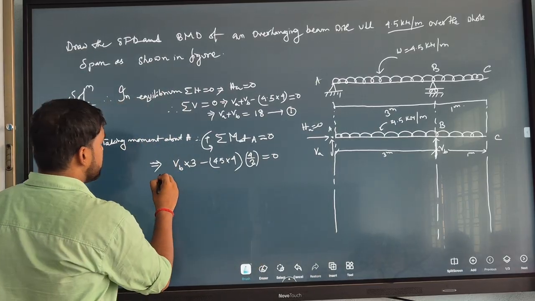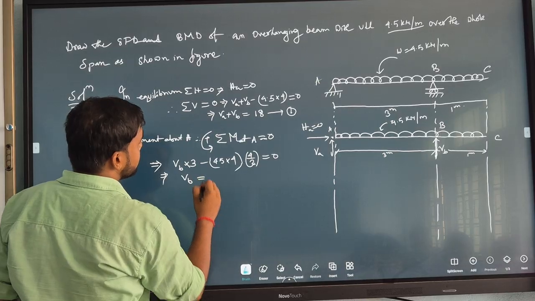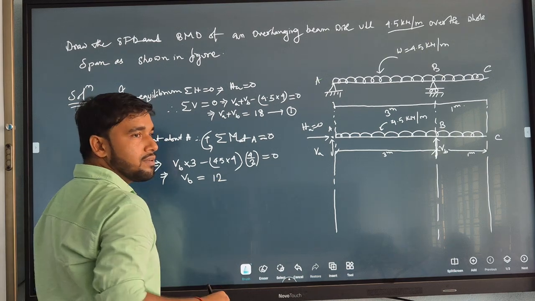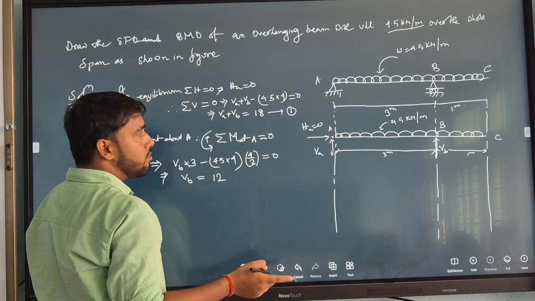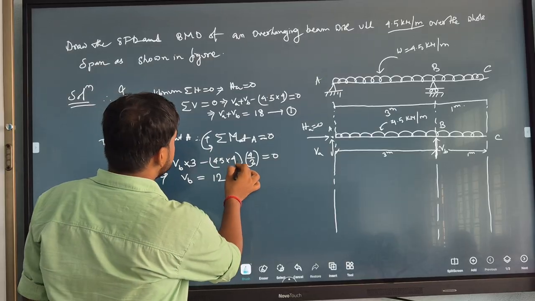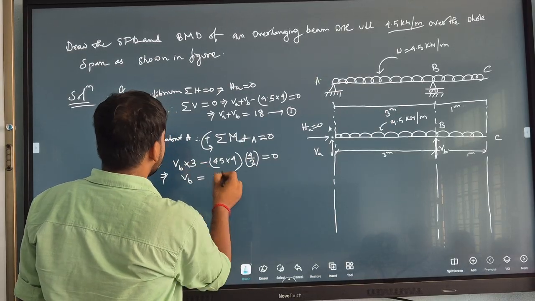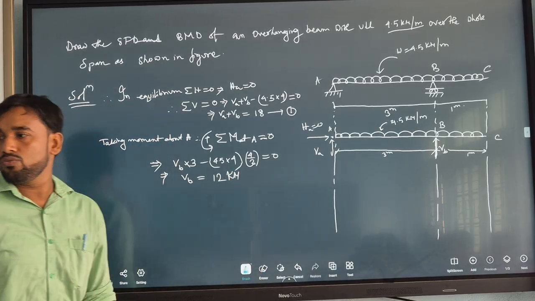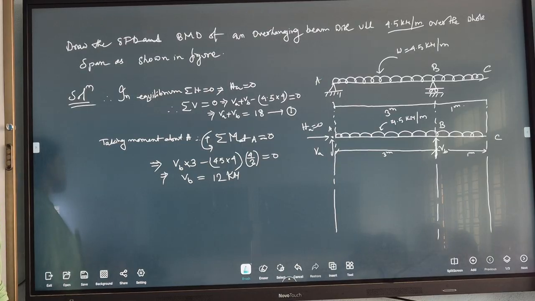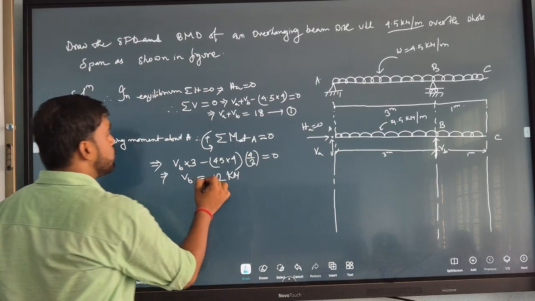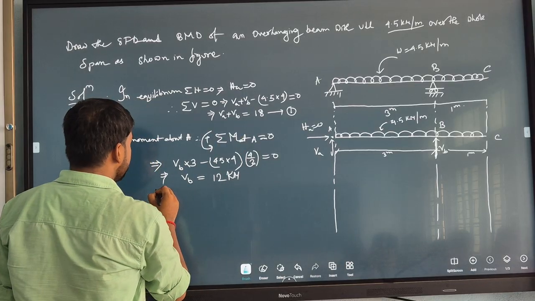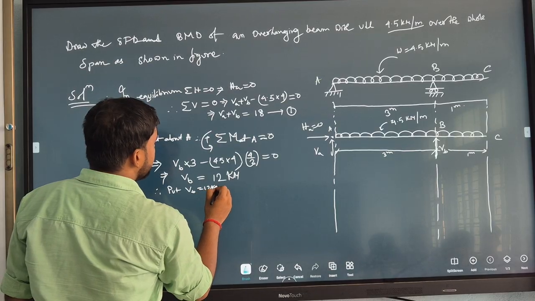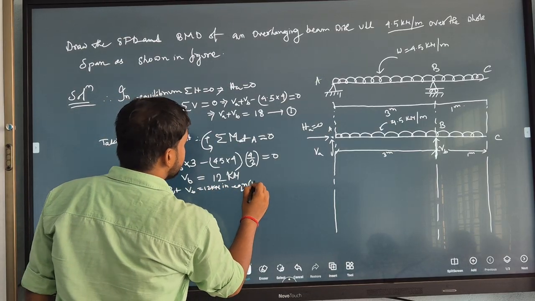Now from this equation you can calculate VB. VB is equal to 12. 18 into 2 is 36, divided by 3, 12 kilonewton. Is it 12 or not? 12. Now put VB equal to 12 kN in equation 1.